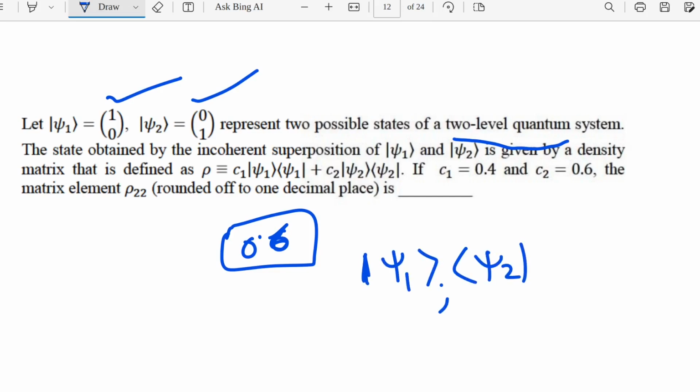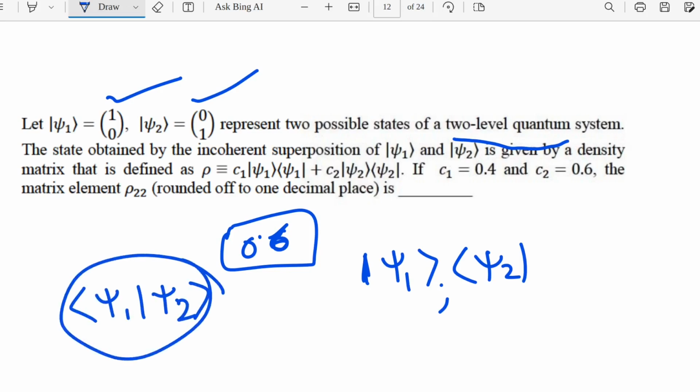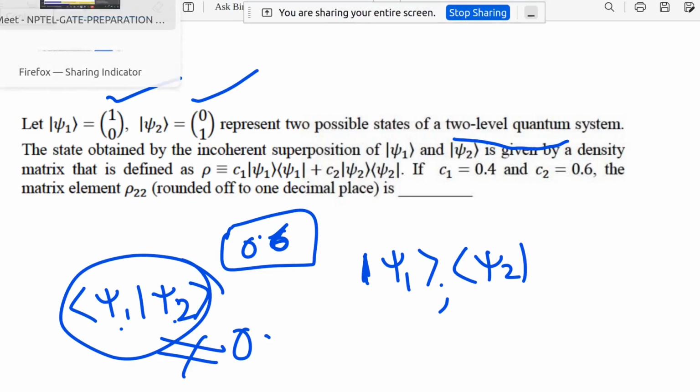A coherent superposition means there should be some relation between psi 1 and psi 2, like there will be a non-zero value here, the bracket psi 1 psi 2. But here you can see that if I calculate psi 1 and psi 2 bracket notation, there will be no connection between them. That means psi 1 and psi 2 are two independent states fully.